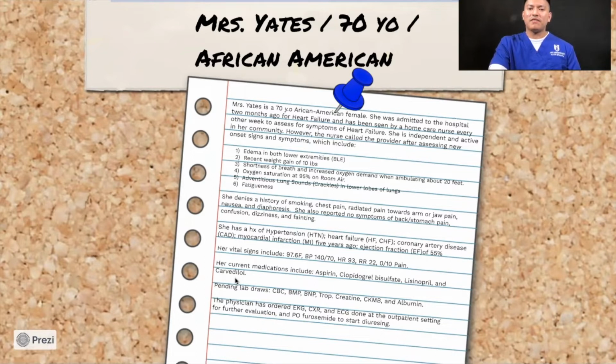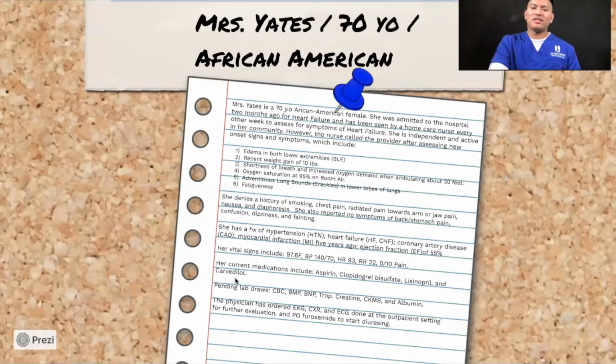She has a history of hypertension, heart failure, coronary artery disease, MI 5 years ago, and an ejection fraction of 55%. Her vital signs include temperature of 97.6, blood pressure 140/70, heart rate of 93, respiration 22, and 0 out of 10 pain. Her current medications include aspirin, clopidogrel, lisinopril, and carvedilol.